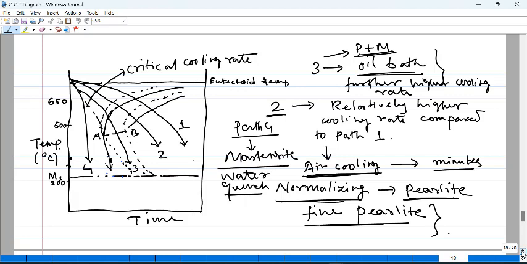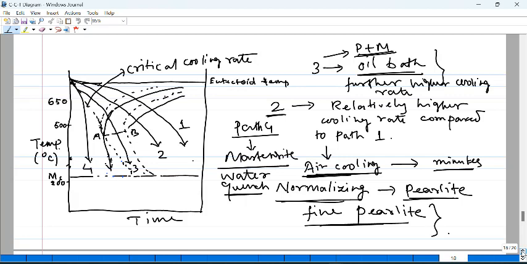That is not going to happen in the case of martensite, because you are not allowing that time for diffusion and rearrangement of the atoms by movement of the atoms.